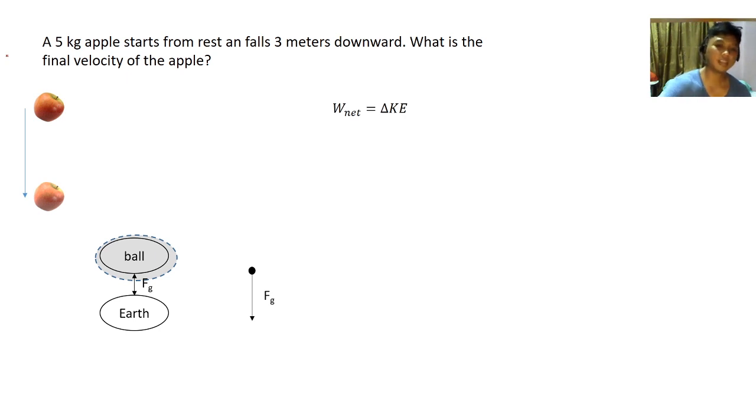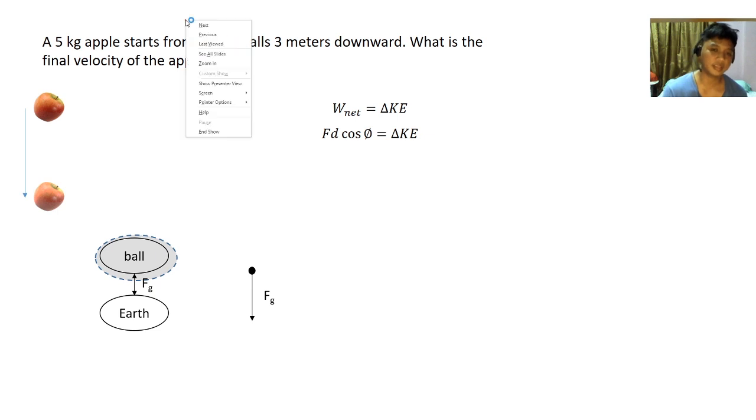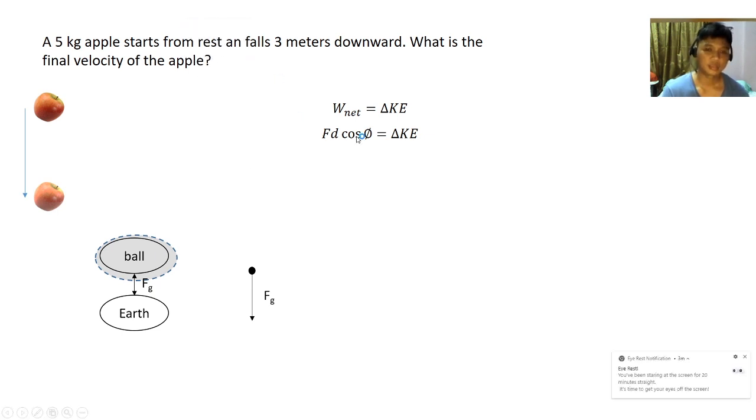So our work net is equal to change in KE becomes just F d cosine phi is equal to delta KE. That's actually just the formula for work, if you remember, where phi is the short angle between F and d. So we need to figure out what that angle is. Now, what is the direction of the apple's displacement?